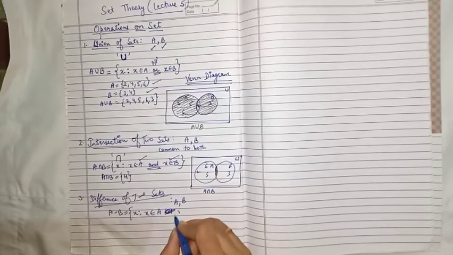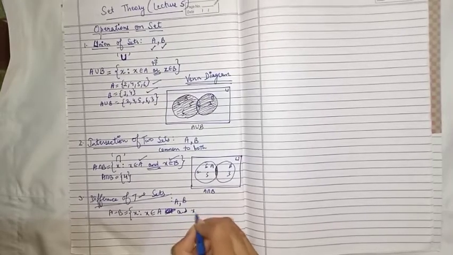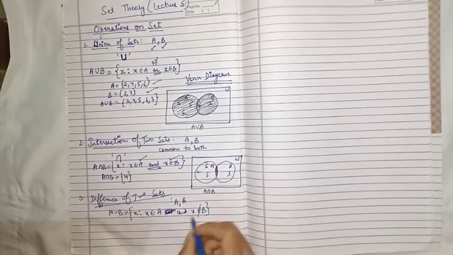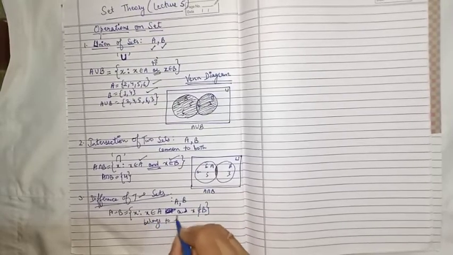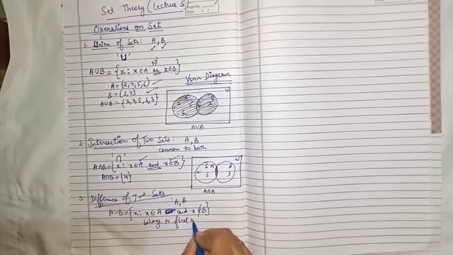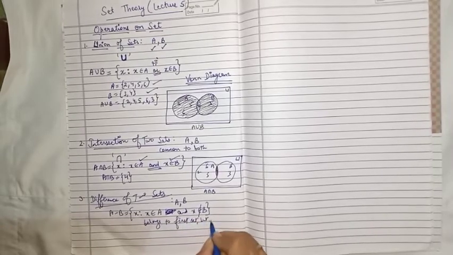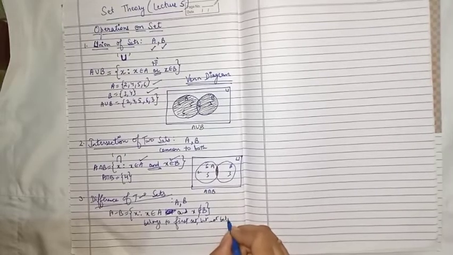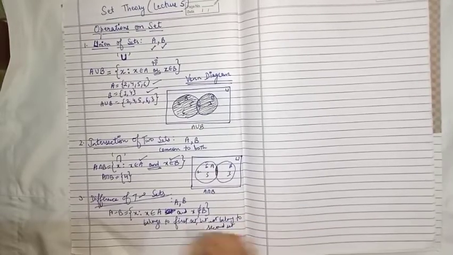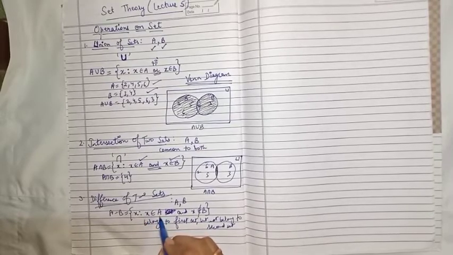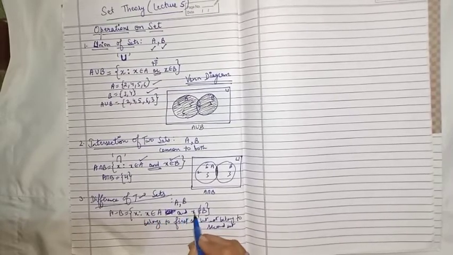X belongs to A and X does not belong to B. This means X belongs to the first set but X does not belong to the second set.